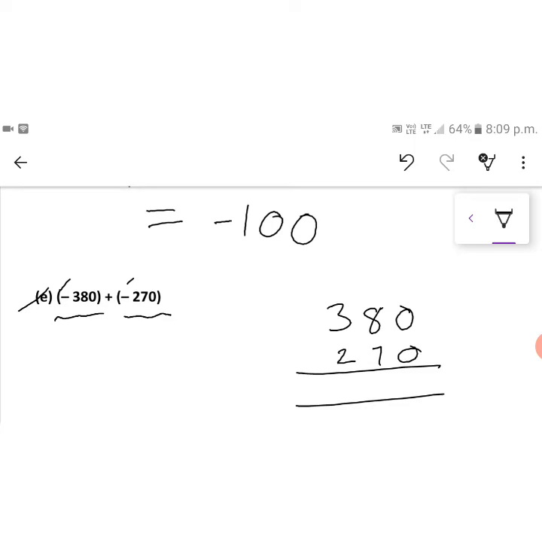If you add, we will get 650. If the two numbers have the same sign, then add the two numbers and give the same sign. So here minus 380 and minus 270. So the answer is minus 650.